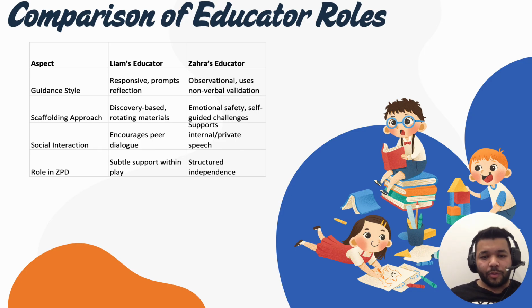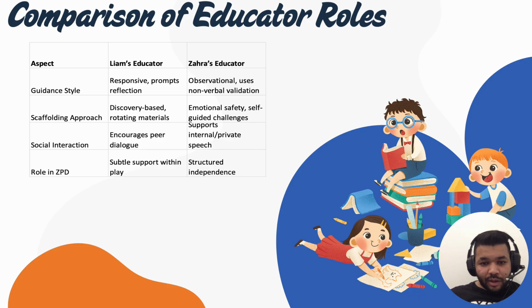Now I'm going to talk about the comparison of educator roles. Aspects: Lime's educator and Jara's educator. Guidance style: responsive, promotes reflection, and Jara's educator uses observation and non-verbal validation. Scaffolding approach: discovery-based rotating material, emotional safety and self-regulating challenges.